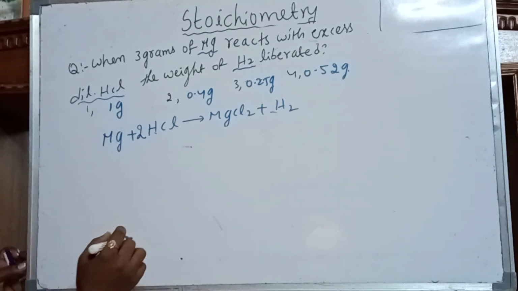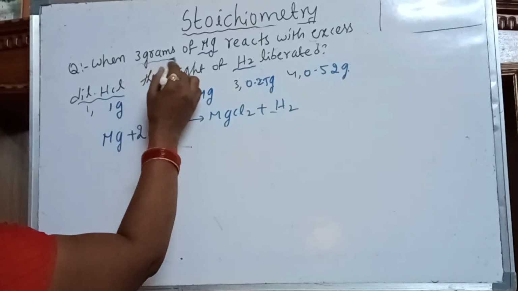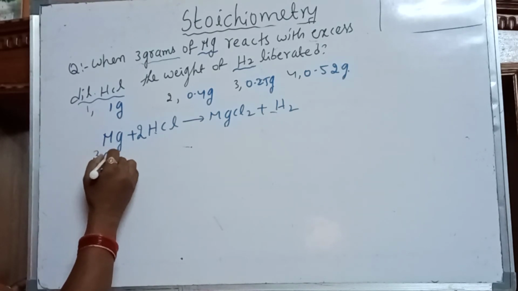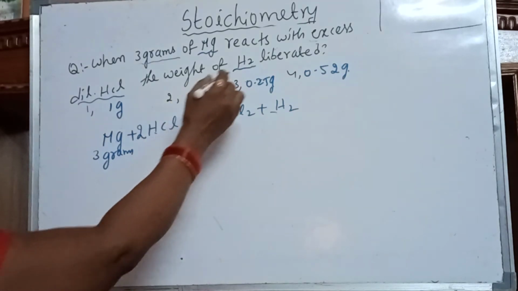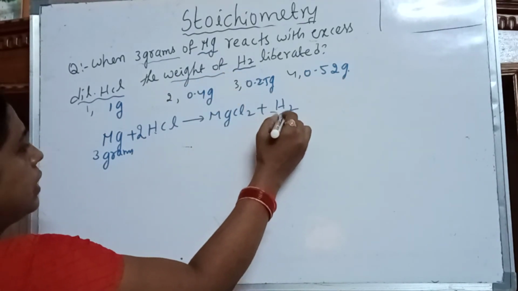So what is the question here? In this problem, the weight of magnesium is given. How much is given? 3 grams given. So we have to calculate the weight of hydrogen gas.